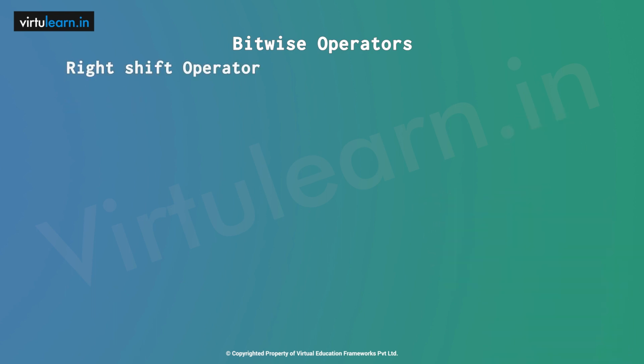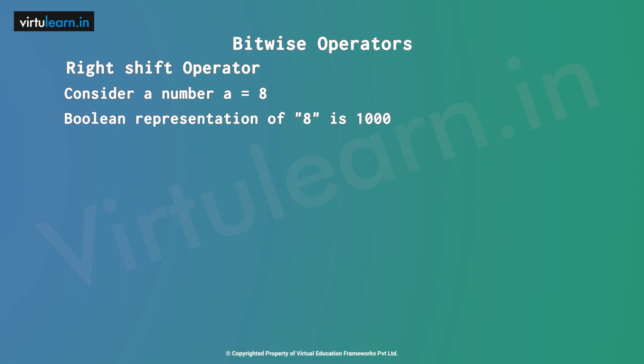So in right shift, if you consider a number as 8, the binary representation of the value 8 will be 1000. Now I am shifting one bit onto the right.